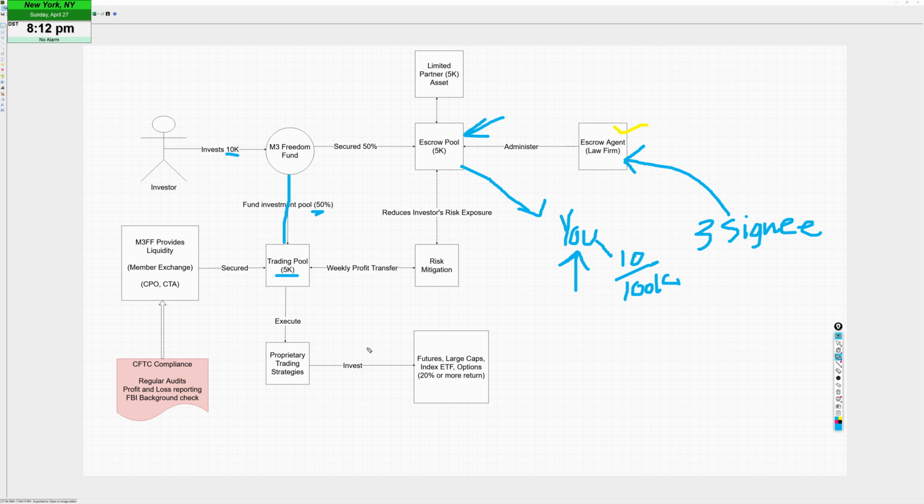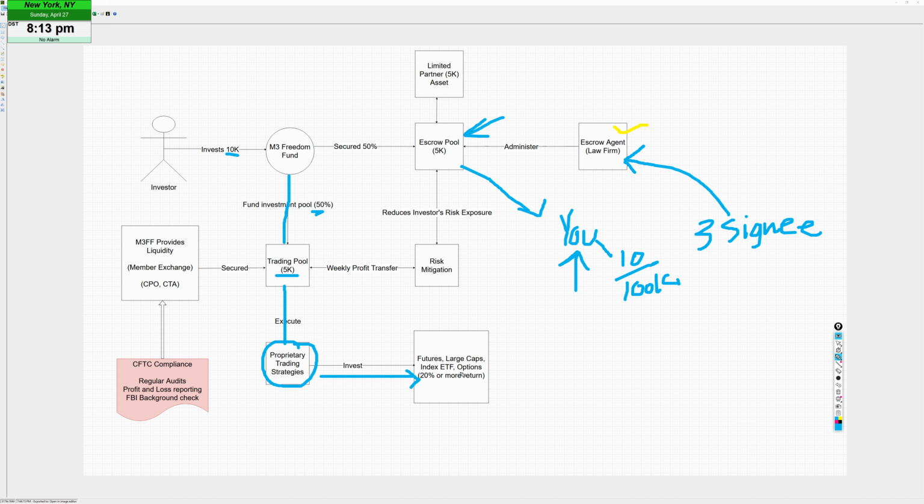So what are we doing with that trading pool? That trading pool is executing proprietary trading strategies like M3 Core, LV, and so on. It's executing our M3 proprietary trading strategy, investing in futures and large cap, none of this small cap stuff.